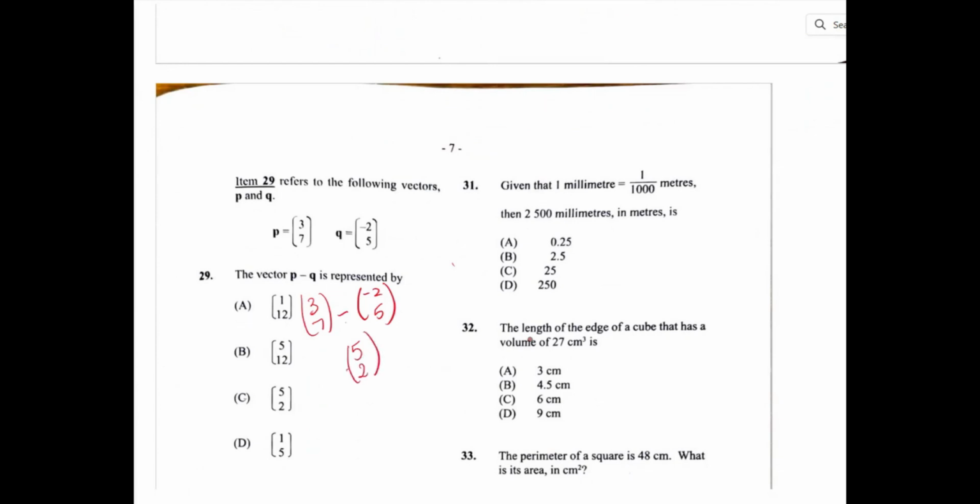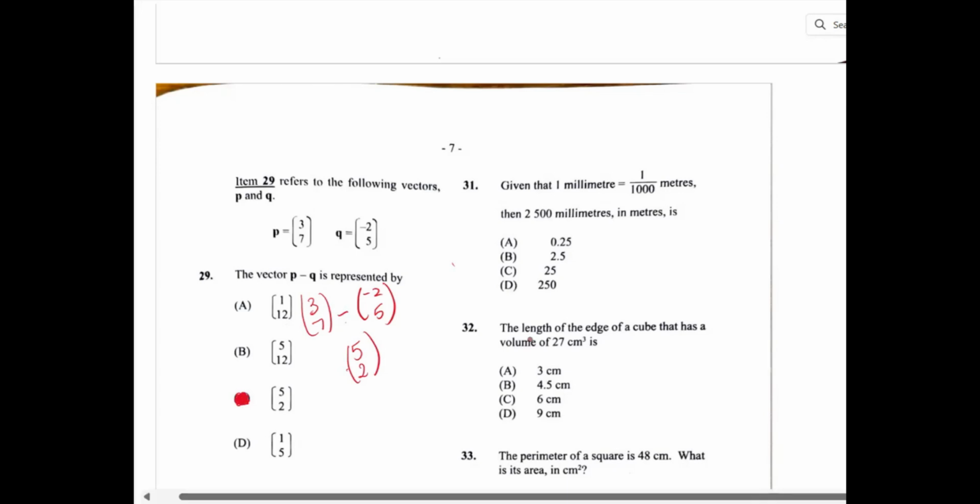So 5, 2 is what we're looking for here. And if you watch answer A and answer D, they're bargaining on the fact that you don't know that 3 take away minus 2 is actually 3 plus 2. Because you're seeing that A and D have 1 on top, because in haste, you might say 3 take away 2 is 1.